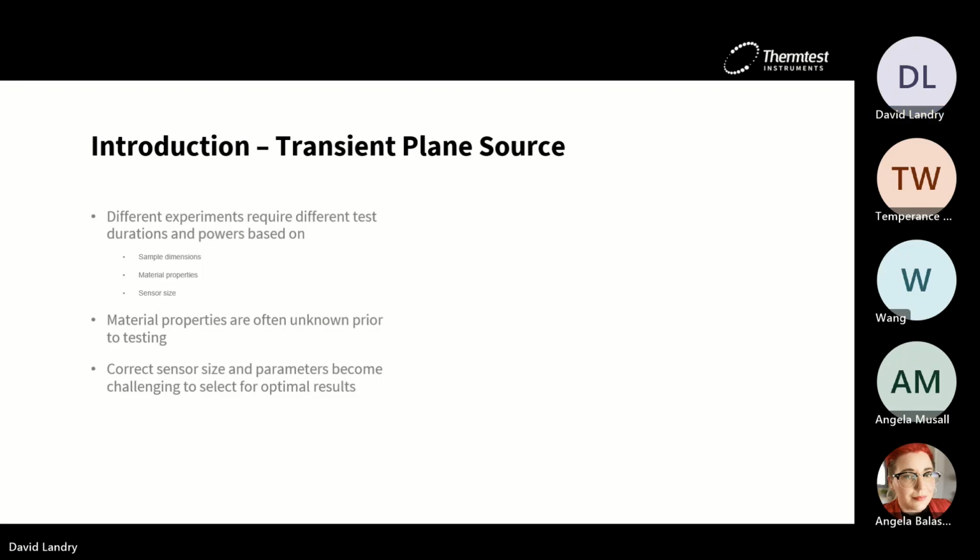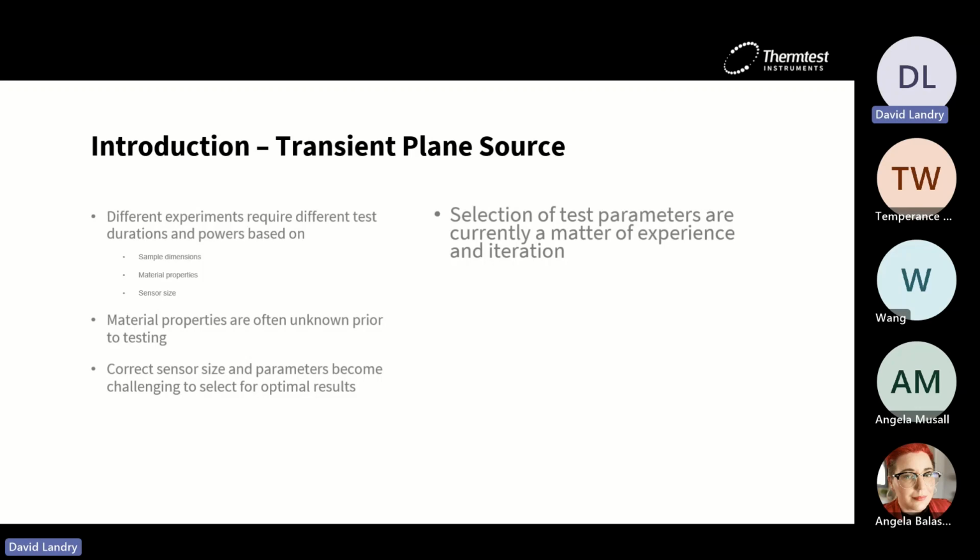Currently, users have to rely on experience and iteration to get the best test parameters. And that means changing the sensor after having done an experiment, or changing the test duration and seeing how well the test fits, or doing a whole slew of experiments and selecting some subsection of them.